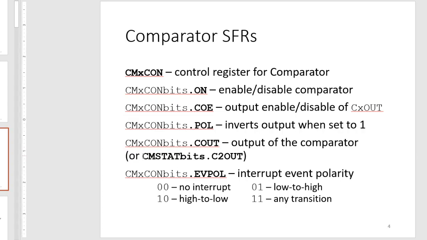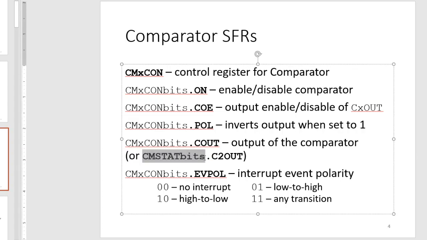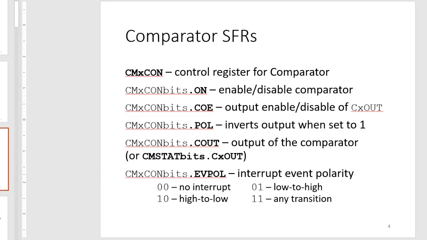Alternatively, we can use the CMSTAT bits, or comparator status bits, to check for the output. We can either use C2OUT for the output of comparator 2 or C1OUT for the output of comparator 1. Then we can also set the polarity of the event we want our interrupt to represent.